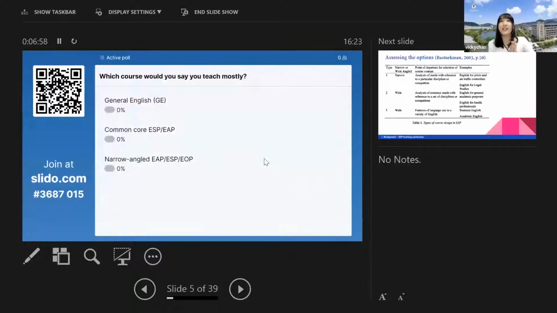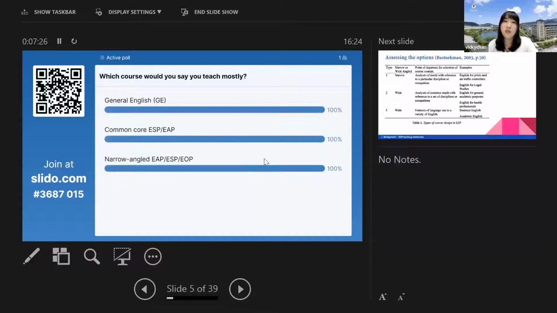So now here, as you guys can see, I have activated a poll, and I would like to just see your experience in teaching these scale of specificities courses. I would just like everyone, if you happen to have your phone with you, you could feel free to scan the QR code on my PowerPoint slide, and then you can select or tell us which course you would say you teach mostly.